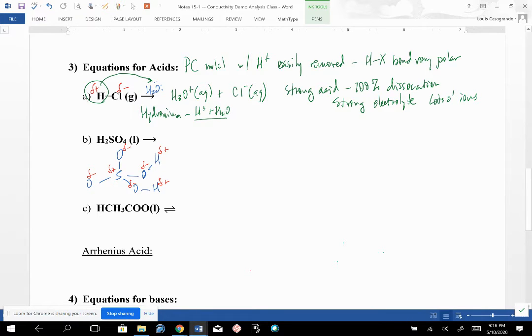Now, when we write water up here, we're going to have the same thing happen. The water molecule is going to take one of those hydrogen atoms. It's going to split the OH bond because this is a very polar bond. And we're going to make the H3O plus.